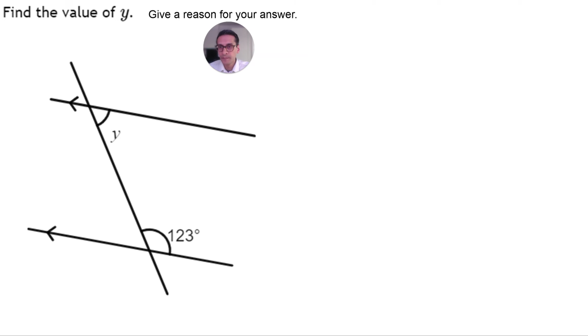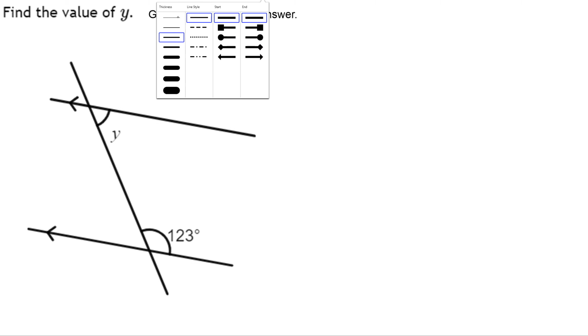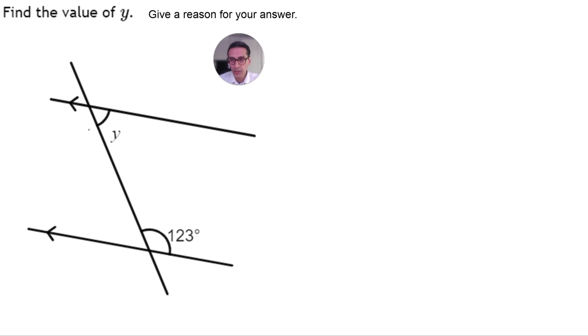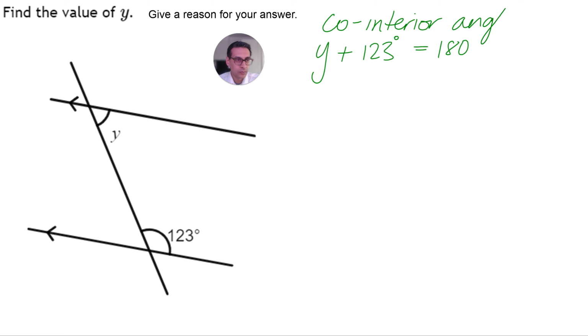Okay, next one. Pause the video and have a go with this. Okay, so we can see that they're in between the parallel sides on the same side of the transversal. So y plus 123 degrees must equal 180 degrees because they are co-interior angles.